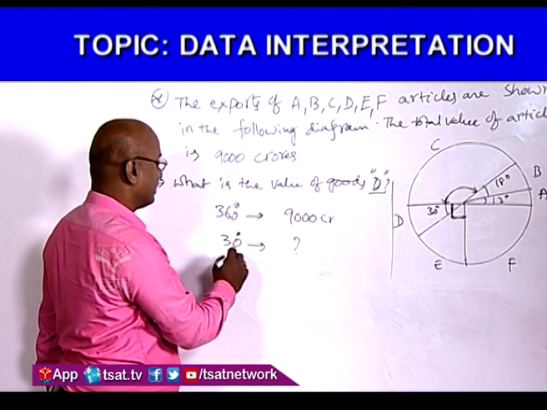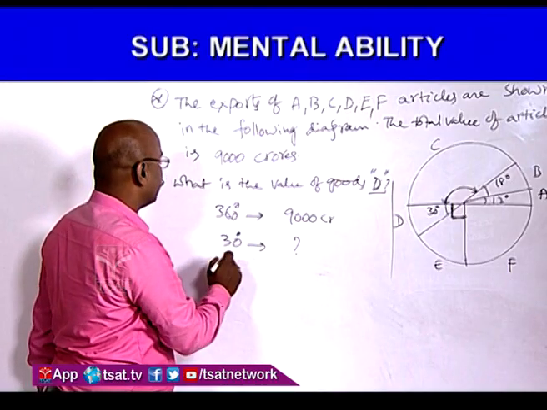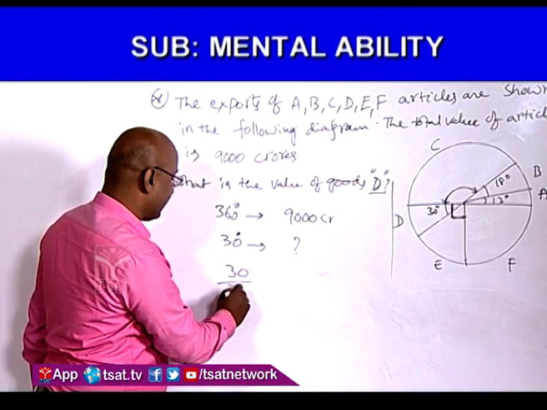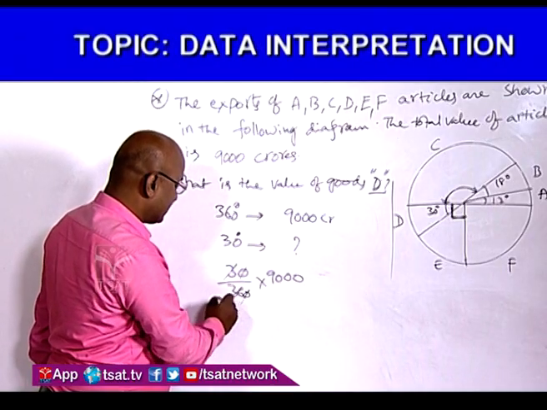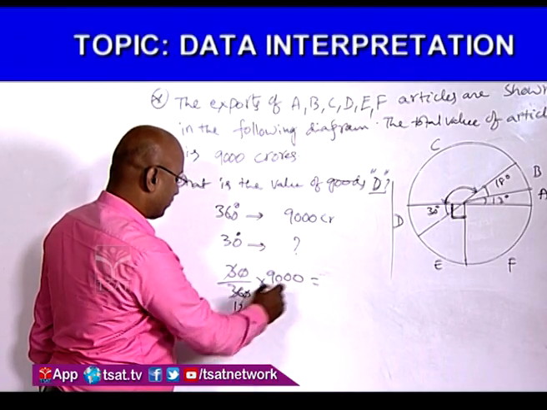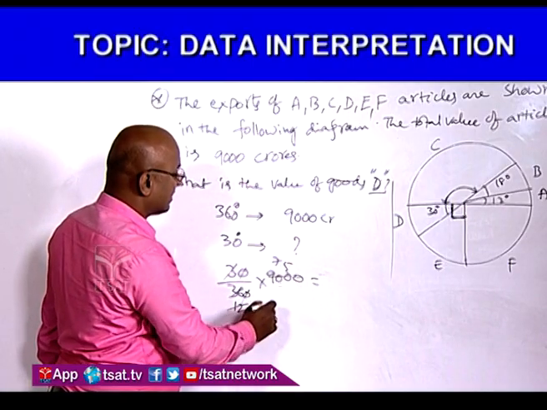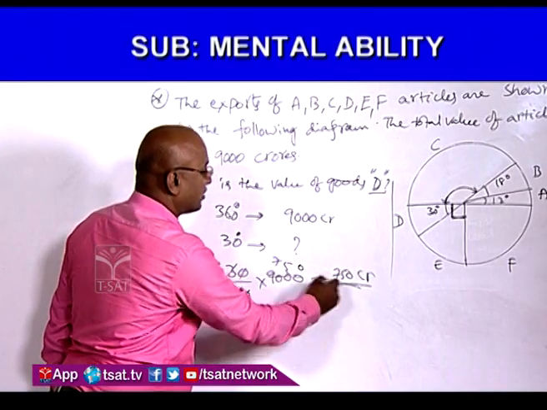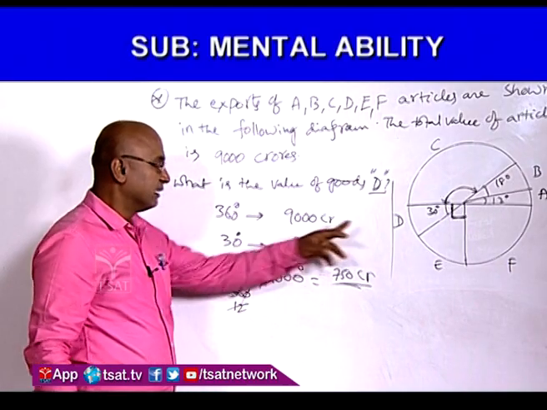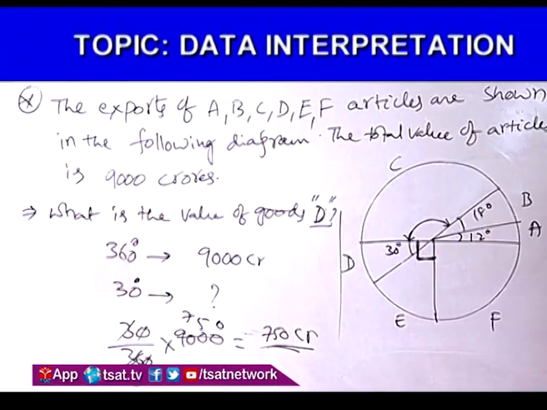So 30 by 360 into 9,000. 12 fives are 60, 12 sevens are 84. So the value is 750 crores. So sector D, 30 degrees, its value is 750 crores.